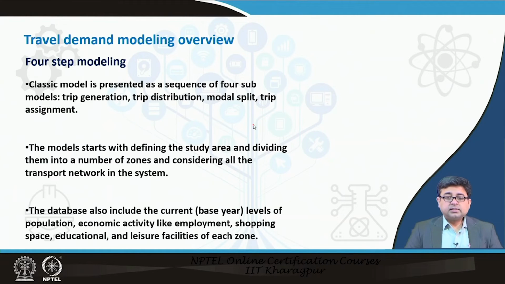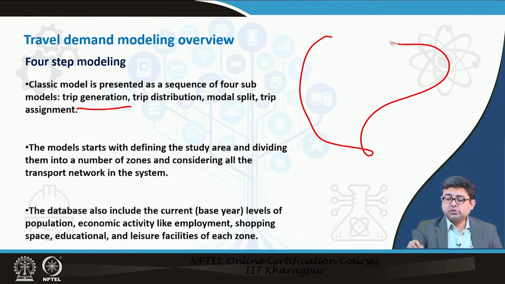So, the model starts, if I were to give you a basic explanation of this in a nutshell, the first step in this is trip generation. And for trip generation, usually what you develop is a small zone of your city, which are usually called TAZs, traffic analysis zones.